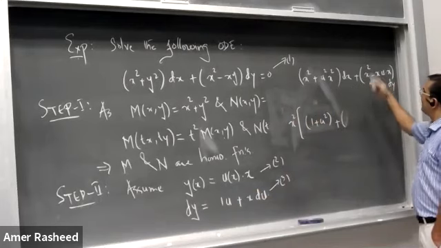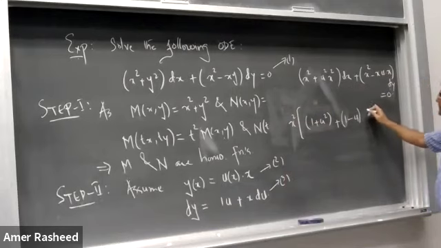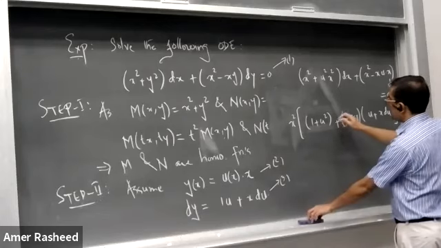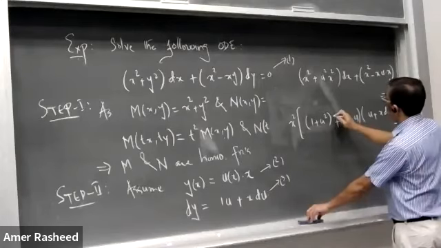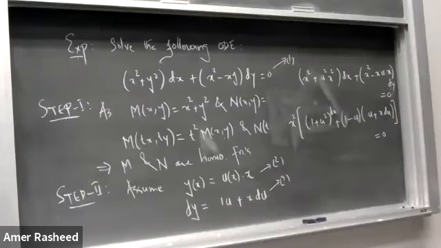Here you have x common, so we get 1 minus u times (u plus x du) is equal to 0. Here you will also have dx.